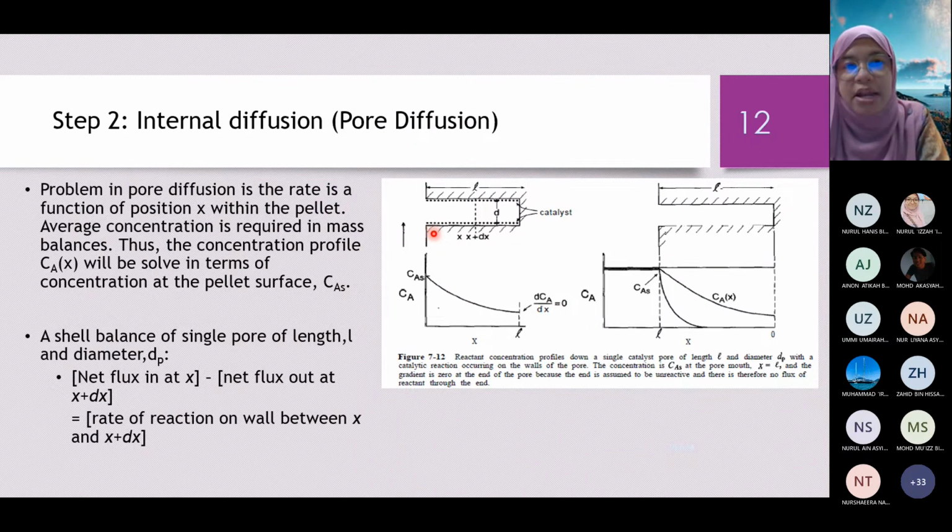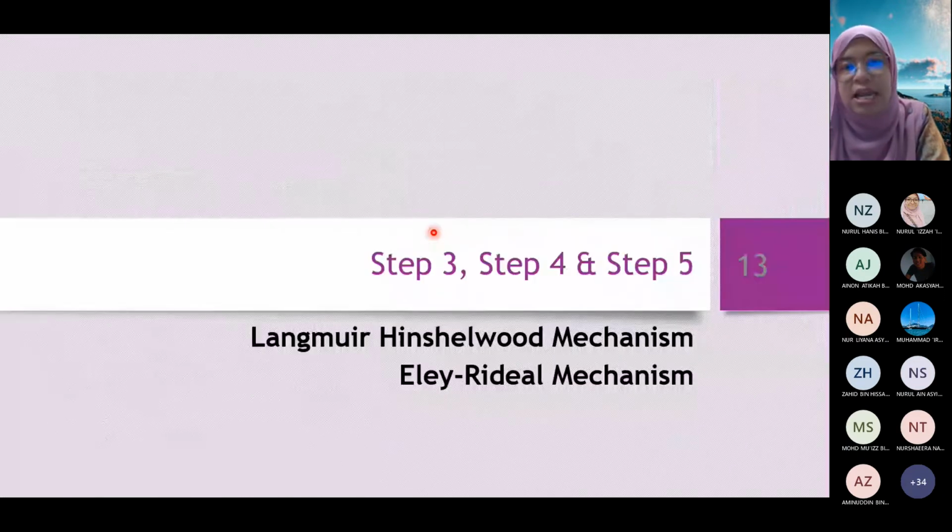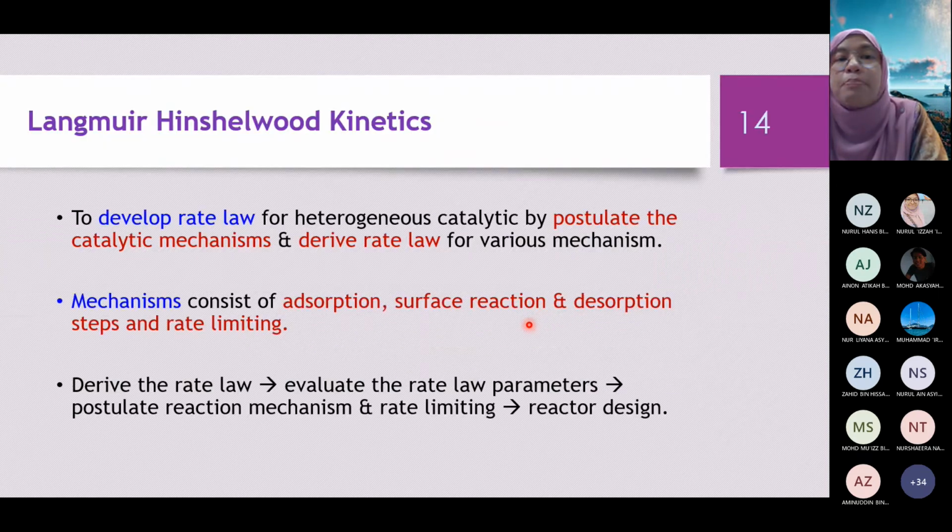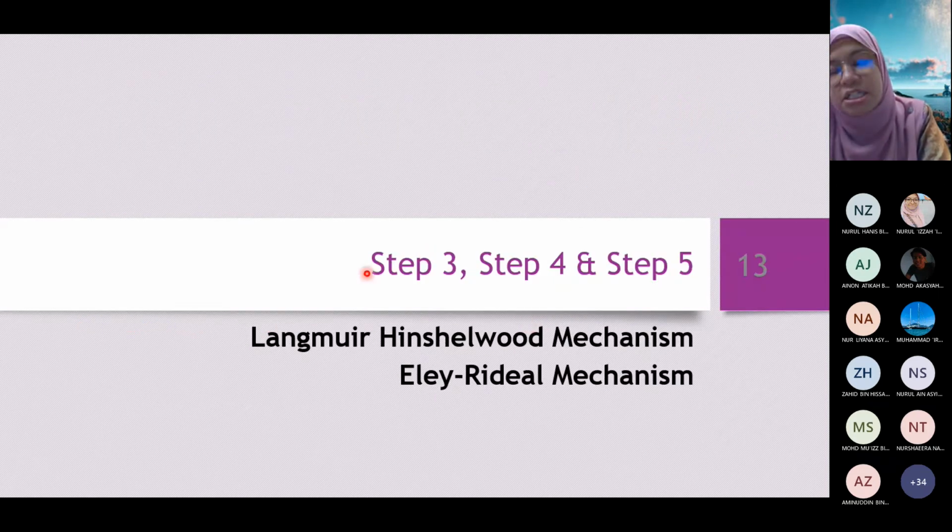Okay, step 1 dengan step 2 ni still okay lagi. Yang ni the most critical part is step 3, step 4 and step 5. So start from here, there's a lot of derivation of equation involved. Okay, so yang ni semput lah nanti. Okay, kita kena kejar masa lagi. So that's why saya cakap it's not enough for us to cover this topic within 2.5 weeks.